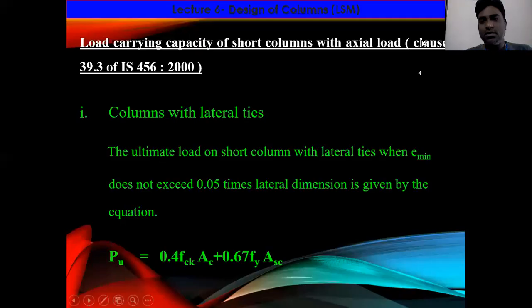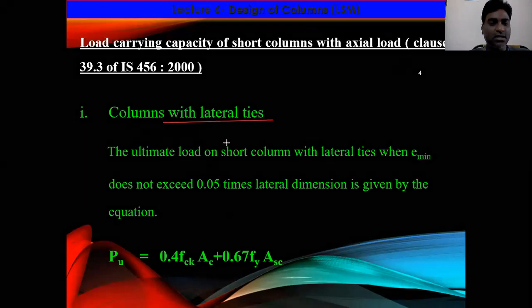If you have a code book, just open page number 71 in IS 456-2000, clause number 39.3. In that, the first one is column with lateral ties.